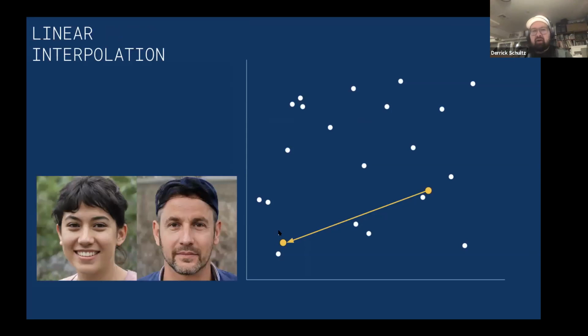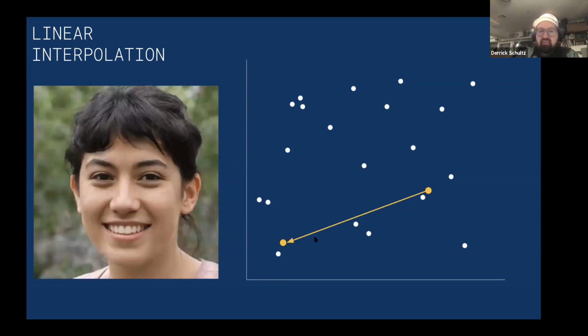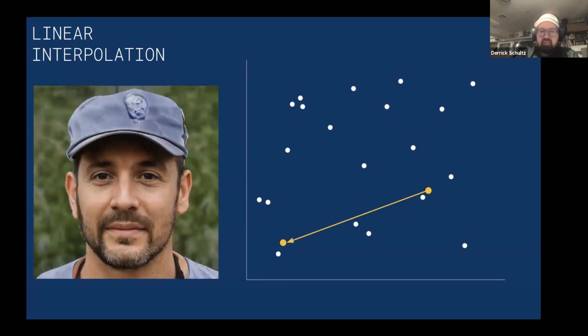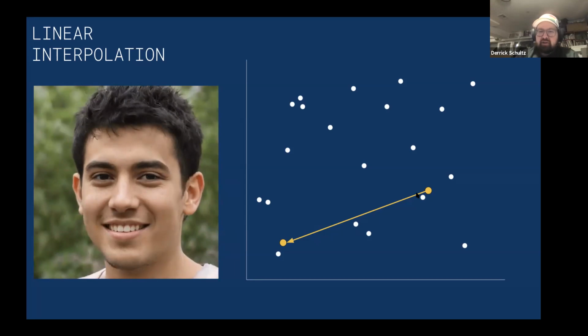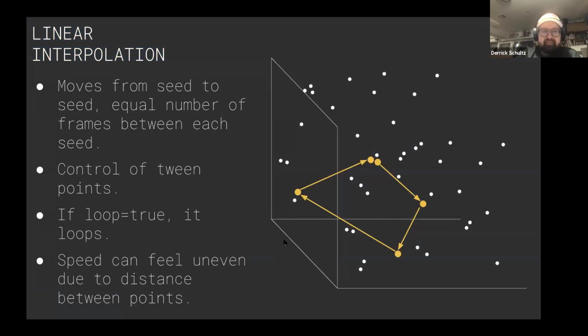The way you make an interpolation is that at one point in space you have a certain image, and at another point you have another image. Almost like a cel animation, you interpolate from that point over a certain number of frames, and it generates an animation. So we're going from here and slowly interpolating over here, and that generates the images.